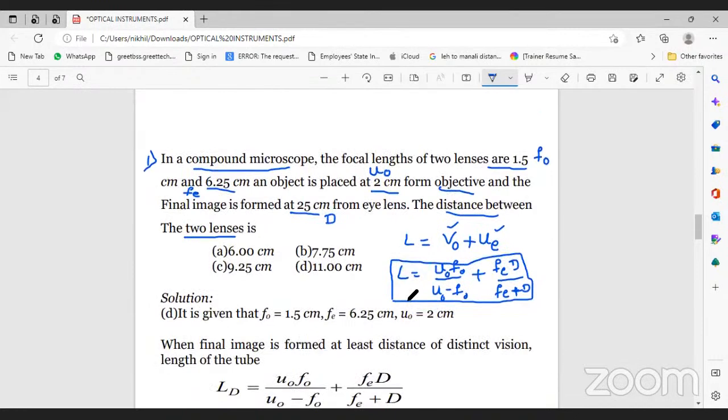Can you simplify and tell me the value for this? Substitute the U naught, F naught, U naught minus F naught, Fe, D and Fe plus D values, and tell me what you are going to get for the length of the tube.